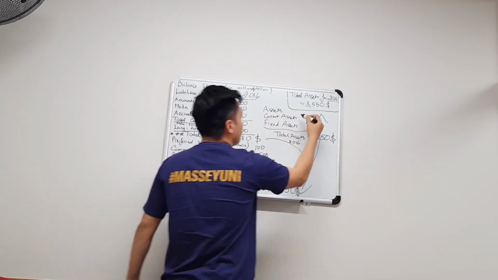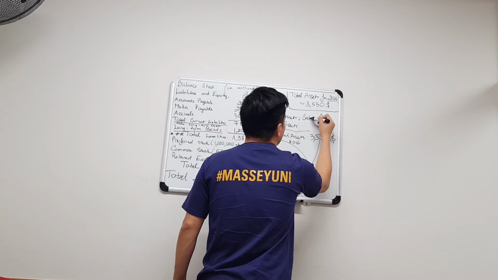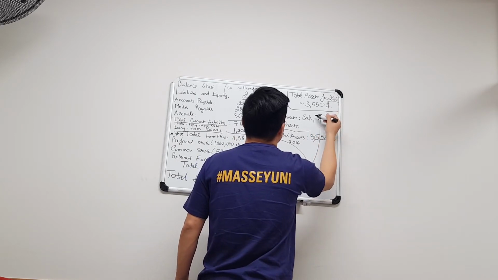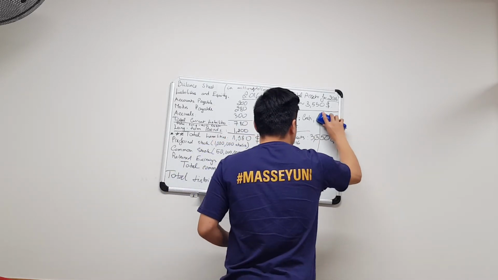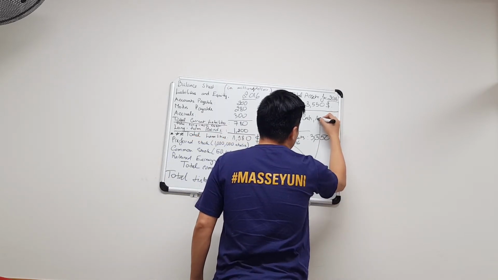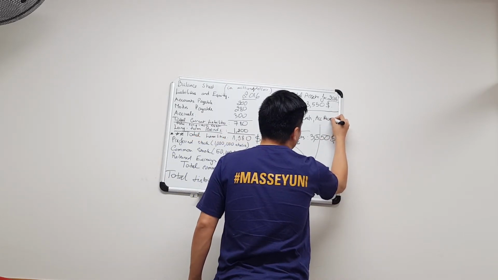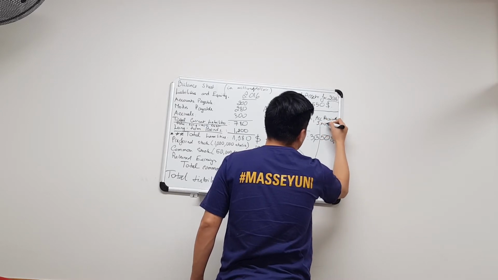In current assets, we have cash and cash equivalents, accounts receivable, inventory, and so on and so forth.